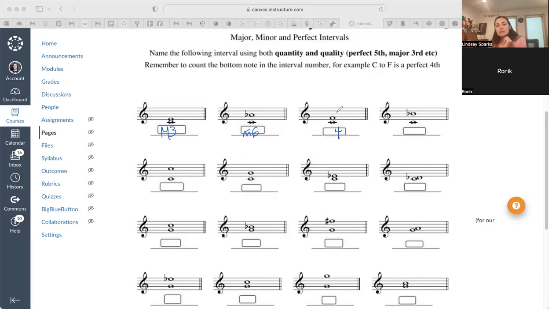You remember that overtone series? So it's either diminished or augmented. There's one other one. We do often see augmented fourths, but this one is not an augmented fourth.